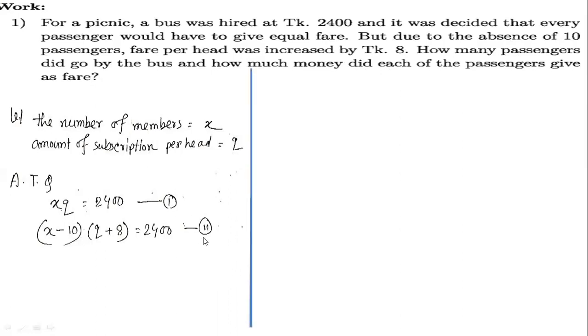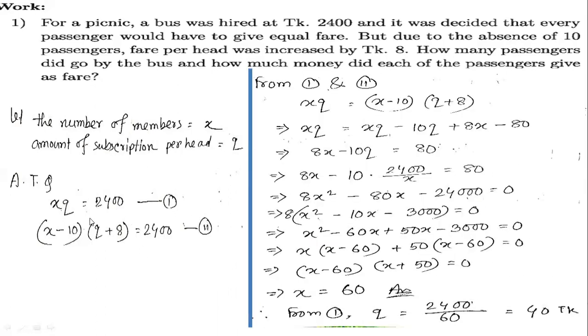Now from 1 and 2 we can calculate, just xq equals this, since right side equals, we can write left side equal left side. Then just calculate it, you will get xq equals 8x minus 10q. Here q equals 2400 by x. How can we get it? Just change the side of x from here, then q equals 2400 by x.